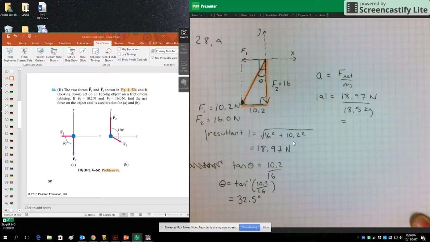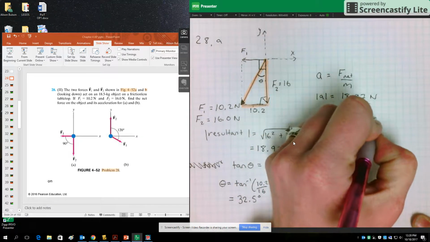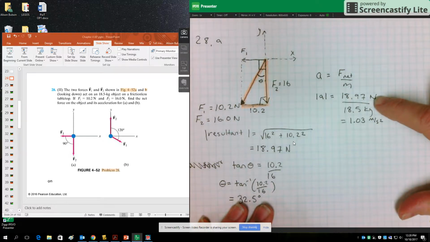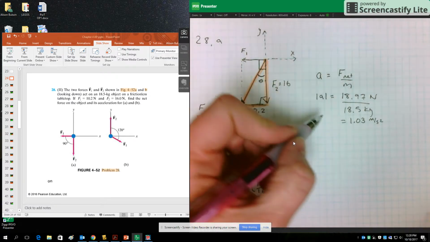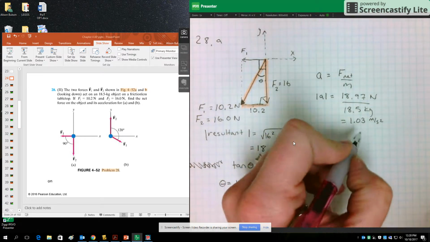So the acceleration is pretty close to 1. Let's call it 1.03. And our units are meters per second squared, because a newton itself is a kilogram times meter per second squared, and we're dividing by kilograms. As we mentioned before, the direction of acceleration is the same as the direction of the net force.